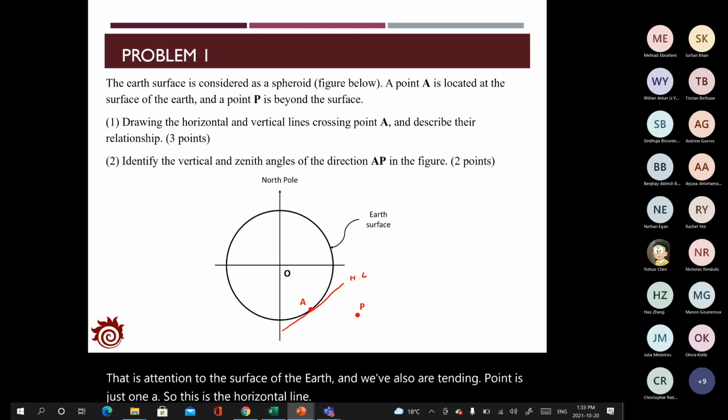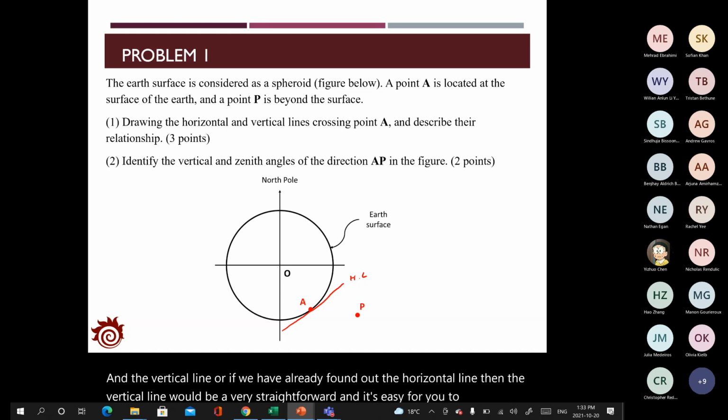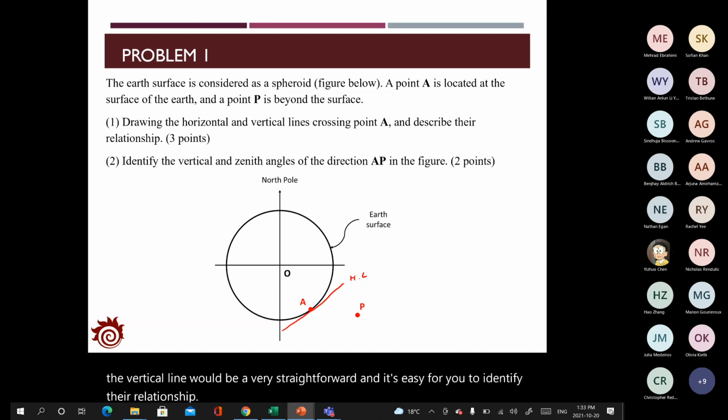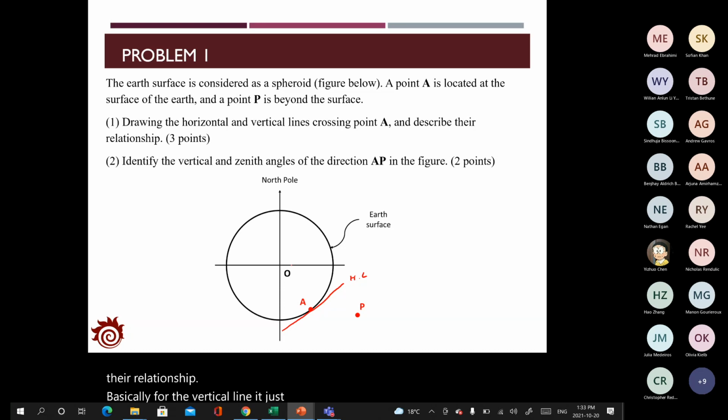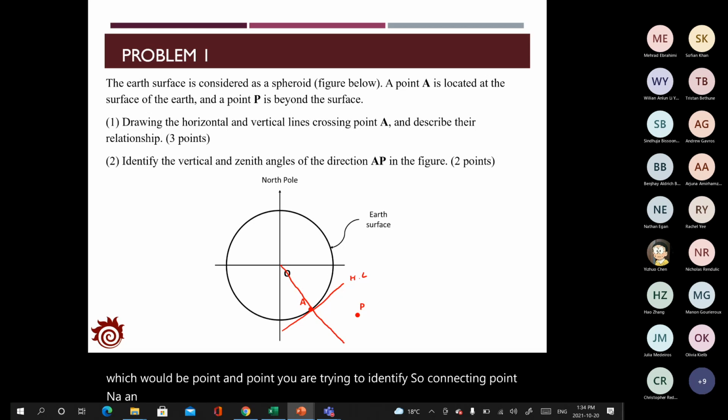And the vertical line, if we have already found out the horizontal line, then the vertical line would be very straightforward, and it's easy for you to identify their relationship. Basically, for the vertical line, you just need to connect the center of the Earth, which would be point O, and the point you are trying to identify. So connecting point O and A and extending this, this would be the vertical line.